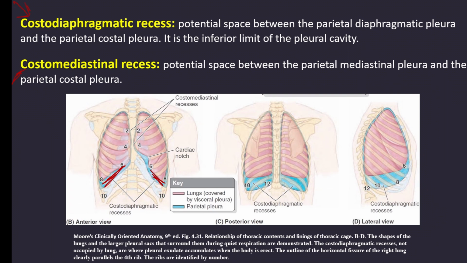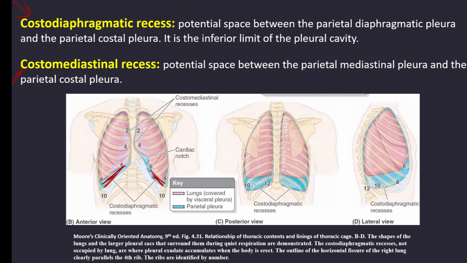So that costodiaphragmatic recess is a perfect place to collect pleural fluids if we want to, or a perfect place to aspirate pleural fluids that have accumulated in the pleural cavity. And why is it also advantageous?